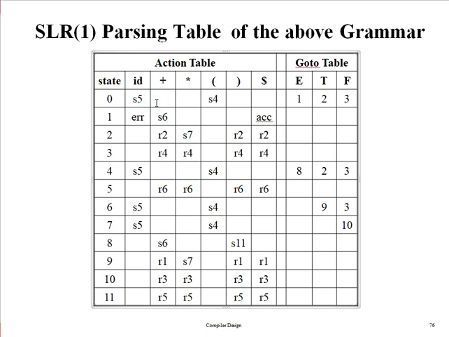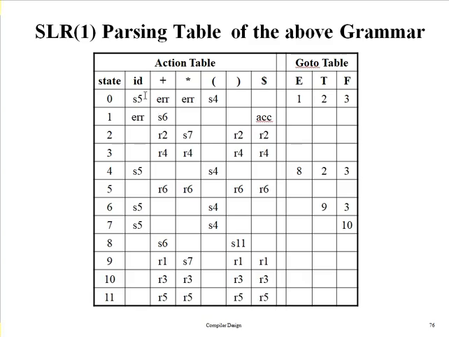Shift is symbolized by S, accept by ACC, and reduce by small r, and the numbers represent the production rule number. So reduce by production number 4, reduce by production number 2.